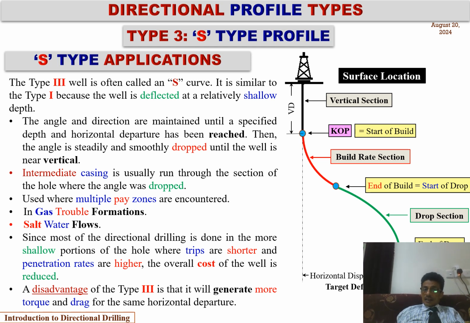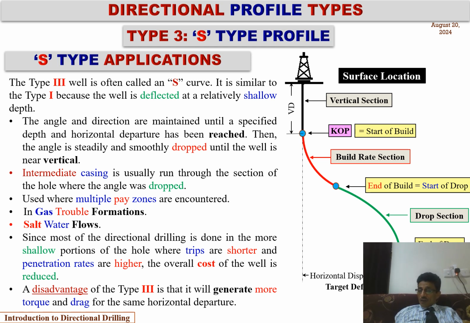Then the angle is steadily and smoothly dropped until the well is near vertical, like this. The first section is the vertical section from the surface location to the kickoff point, and the second section is the build rate, from the kickoff point to the end of build rate.